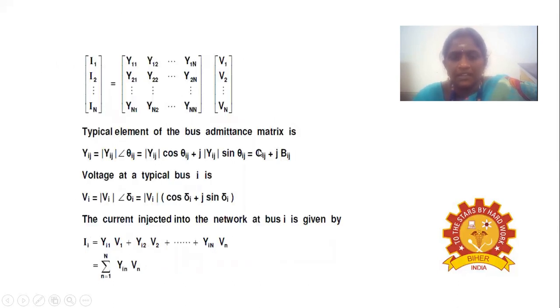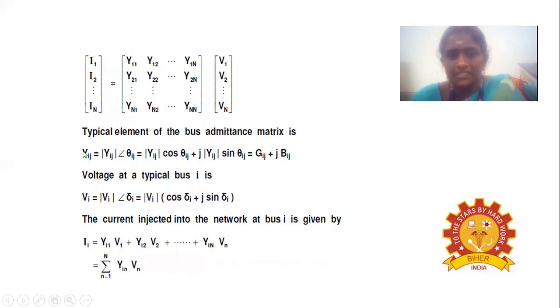Typically the element of the bus admittance matrix, that is Yij, equals magnitude of Yij into phase angle theta ij. That we can write as magnitude of Yij cos theta ij plus j magnitude of Yij sin theta ij. In terms of conductance and susceptance, we can write Gij plus j Bij.